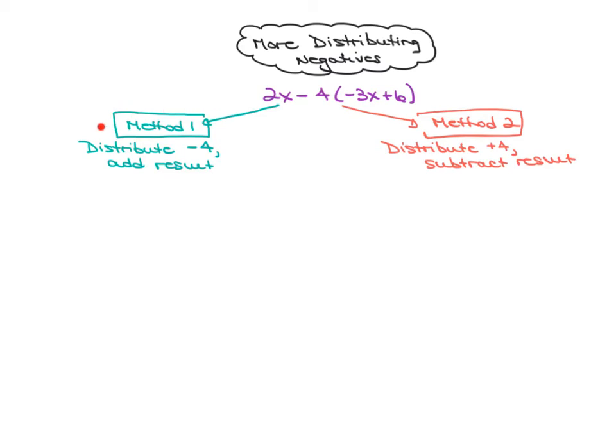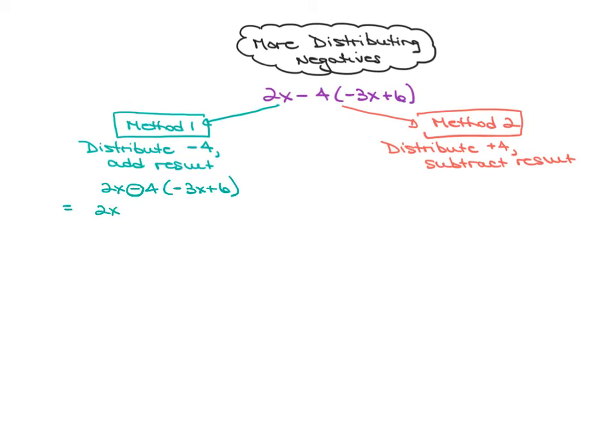So we're going to look at method 1. For this method, we're going to consider that this means distribute negative 4 and then add the result. And the way to write that is saying, okay, let's start with 2x minus 4 times the quantity, negative 3x plus 6. I'm going to rewrite this and take my subtraction and turn it into addition of the opposite.